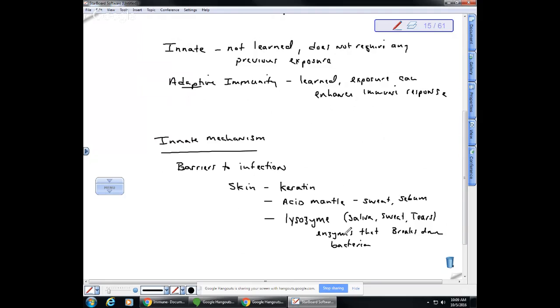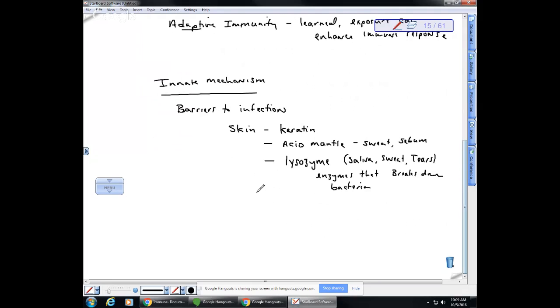We also produce mucus, and sometimes they spell it with OUS. Mucus functions to catch microbes. The mucus produced by our respiratory tract catches microbes and other debris.